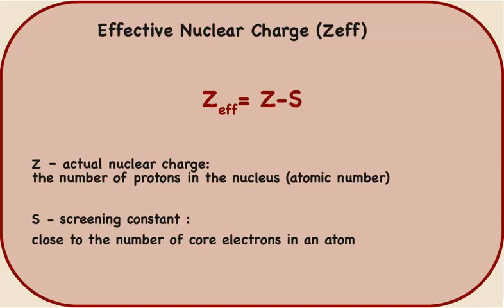Then what is actual nuclear charge? Actual nuclear charge is equal to the number of protons in the nucleus. And also, if you recall, the atomic number is also equal to the number of protons in the nucleus. And the screening constant is the number of core electrons in an atom.